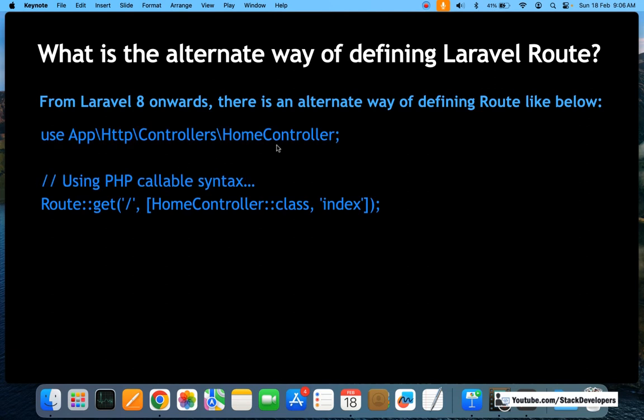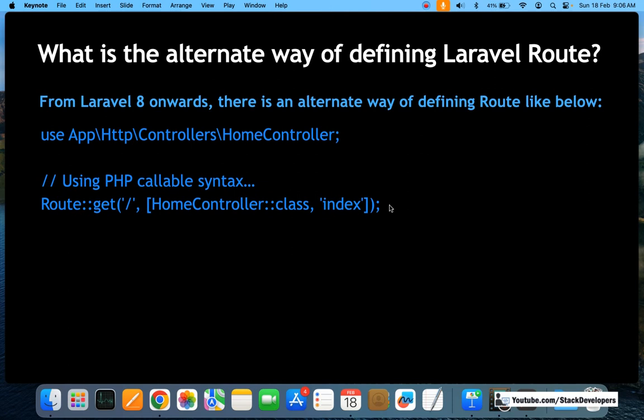First you need to include the controller, like it's used here, and after that this is the syntax of the alternate route. Route get is the same as we always use, and after that the particular URL, which we also used.